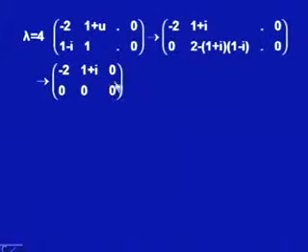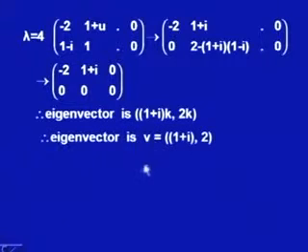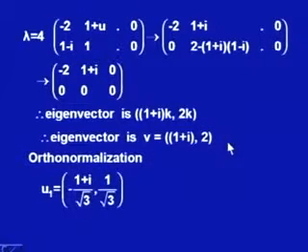From here one can easily write down the eigenvector as (1 plus i)k, 2k, because this will satisfy this equation, and that means the eigenvector is (1 plus i, 2) when we write k equal to 1. So, we have another eigenvector.